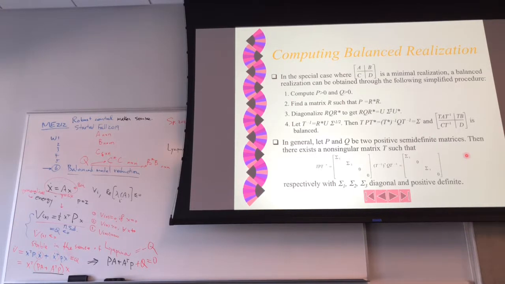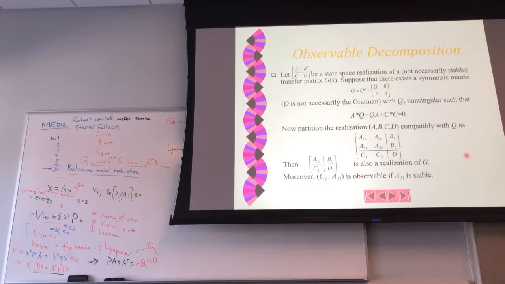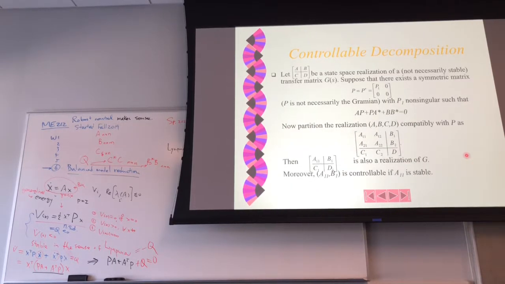So in this case, you start with A, B, C, D. What should you do next? First of all, you need to do a minimum realization. Minimum realization says that your P cannot contain zeros like that when you do diagonalization. So you always can have non-zero. That is called minimum realization.